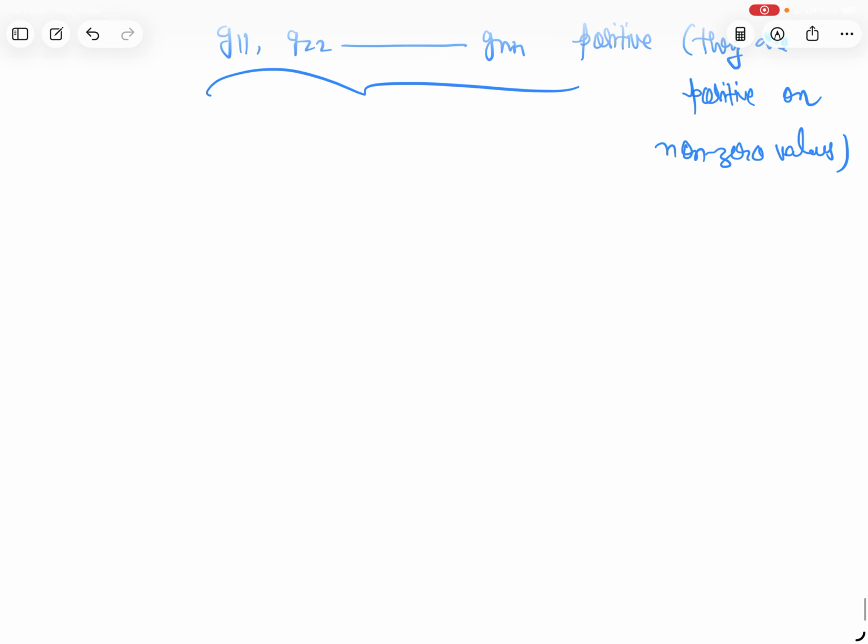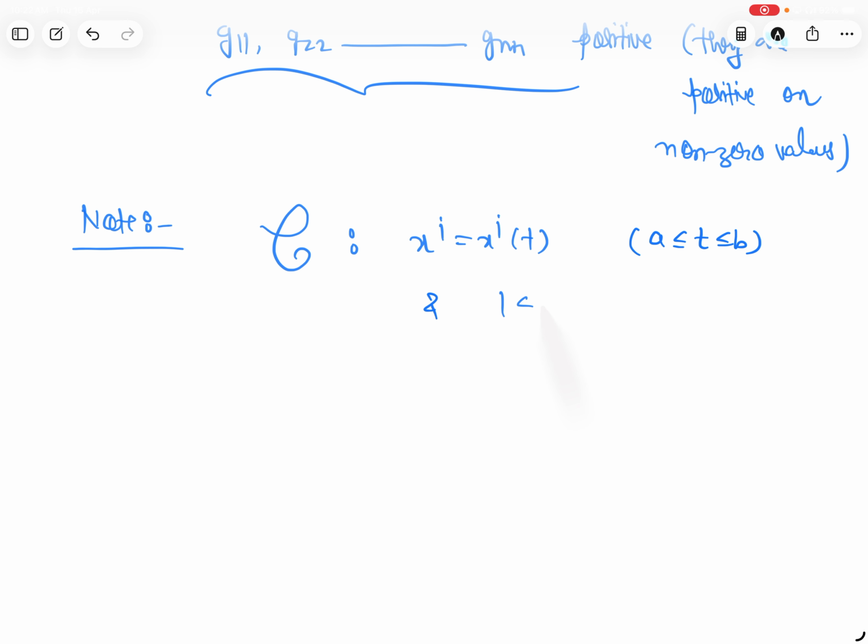Now I am doing one derivation, then I will do one example on the metric tensor. Let me do one thing. So I have a curve. Suppose I have this curve, with some curve notation: X equal to xi equals xi(t), where t varies from a to b and i varies from 1 to n. Okay. Then what is the arc length formula?